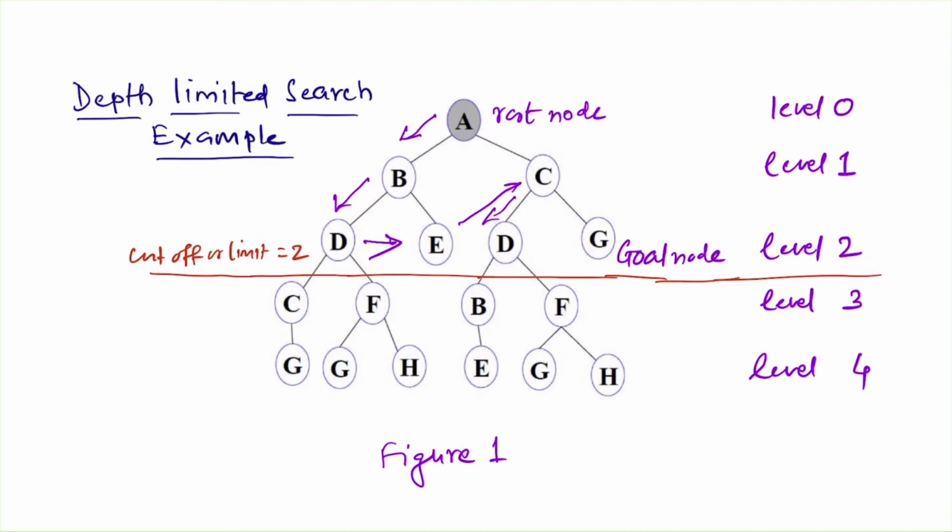So here again the limit is equal to 2, so it will not be expanded and it will go to G node. And since G is the goal node, the path ACG will be returned and the search will be terminated. So in this way, the depth limited search will be completed.